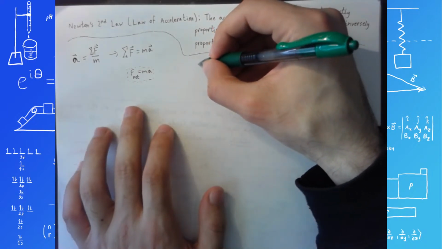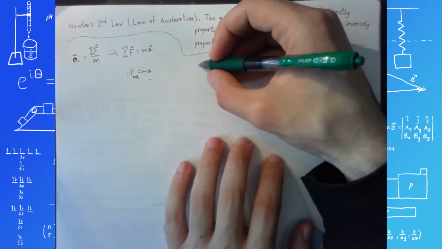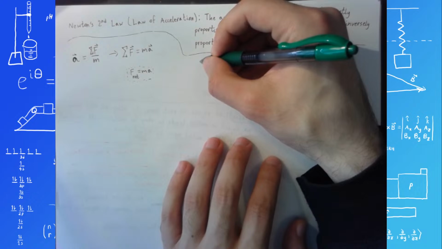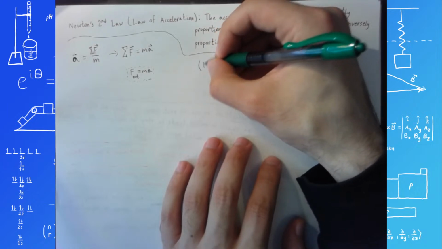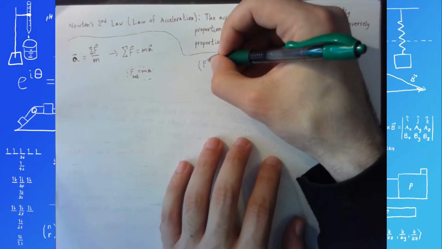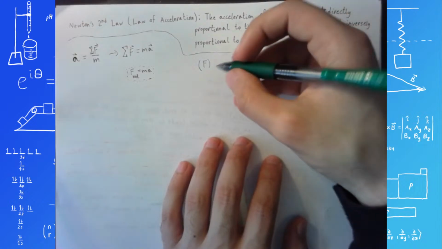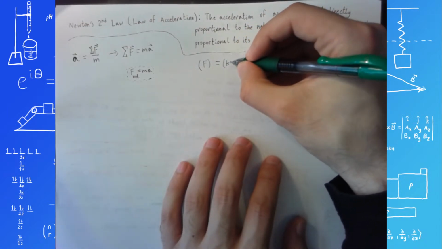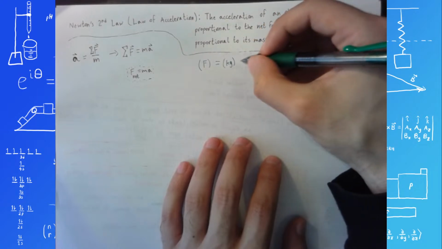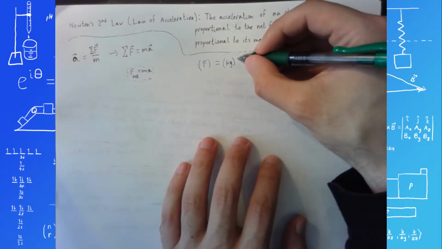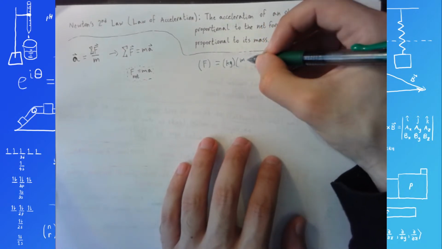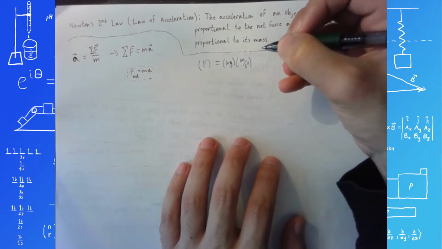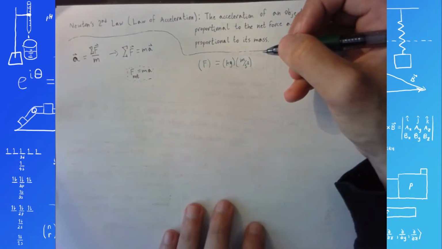If net force is equal to mass times acceleration, then we can say that the units of force are going to be equal to units of mass, which for our purposes the standard we will go with is the kilogram, times units of acceleration, which is going to be meters per second squared.